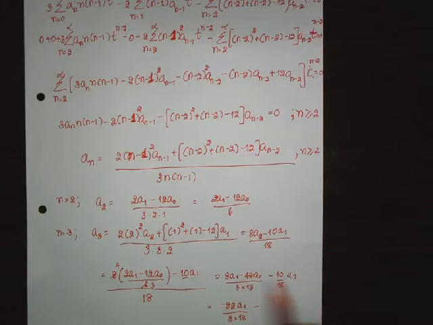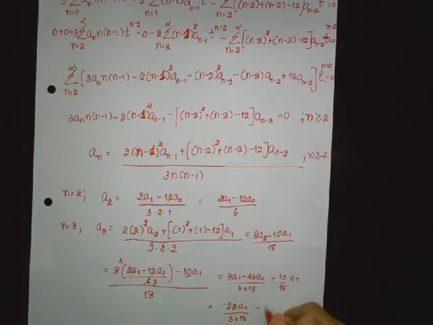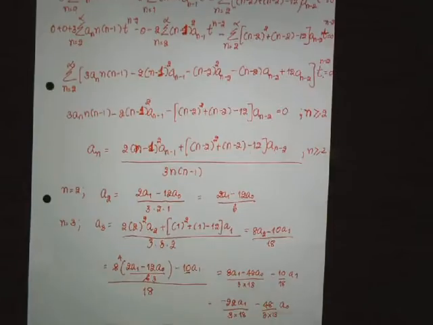Because this one is bigger than that one. So negative, minus 30 plus 8 is minus 22, right? This one we get what? 48 divided by, and so on.